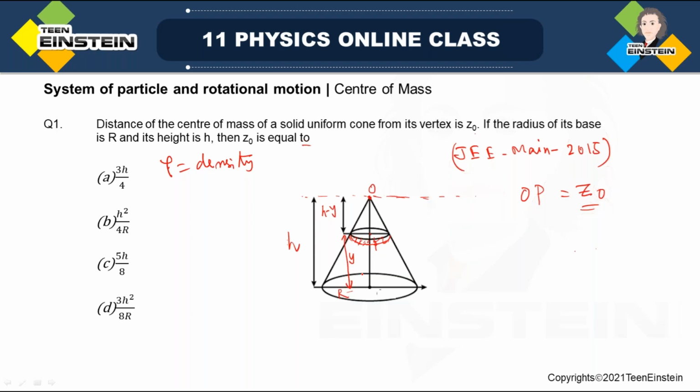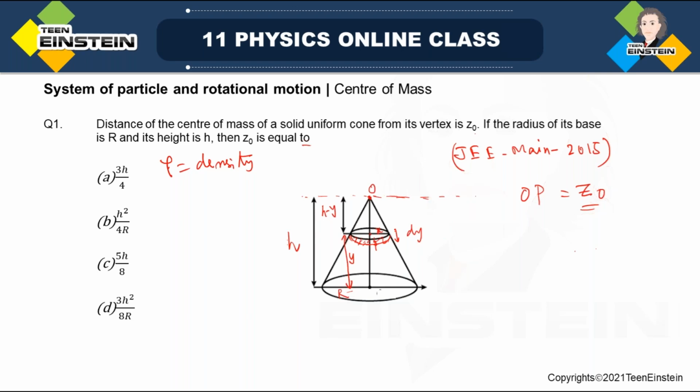Let me think of a circular thick disk which has radius small x and thickness dy. I'm just writing it clearly.